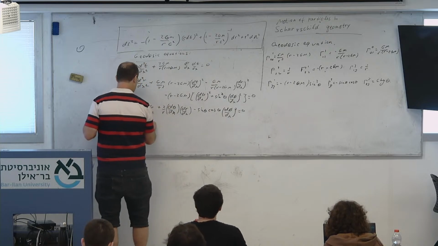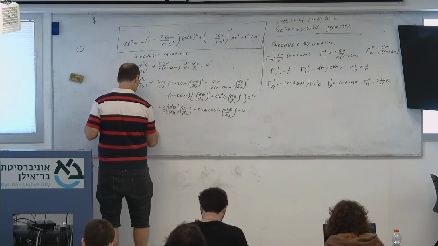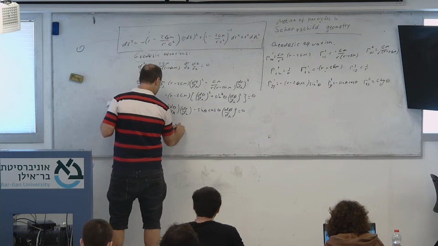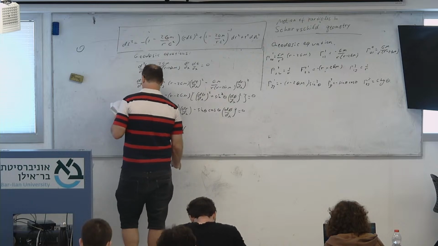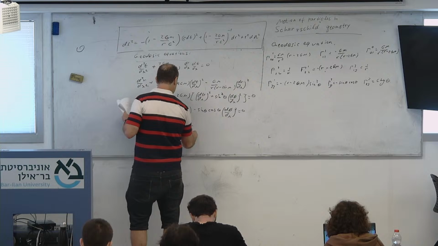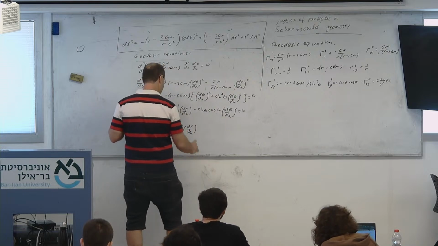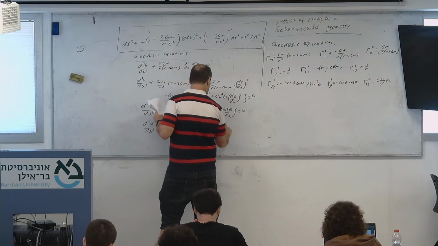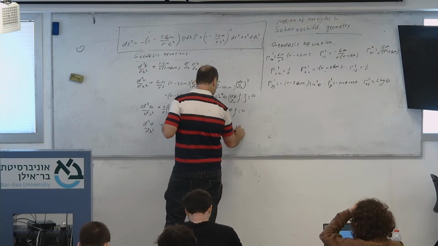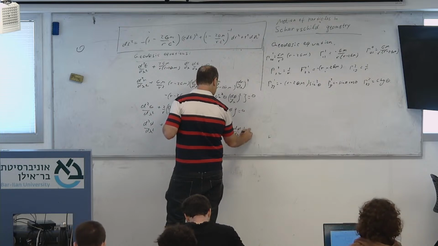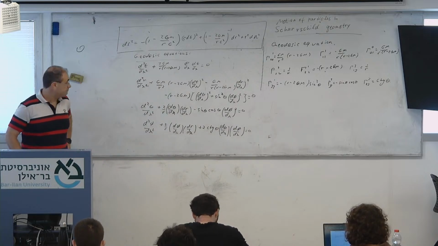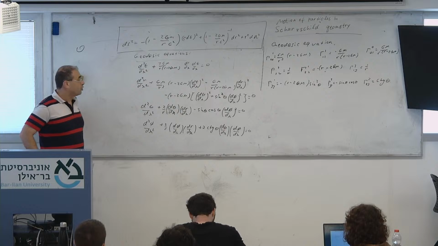And finally d squared phi over d lambda squared plus 2 over r d phi over d lambda dr over d lambda plus 2 cotangent theta d theta over d lambda d phi over d lambda is equal to 0. Looks nearly hopeless to solve.